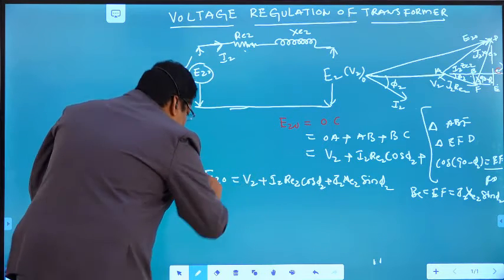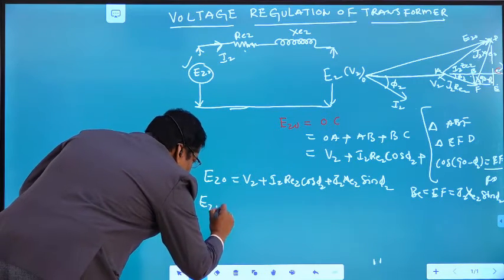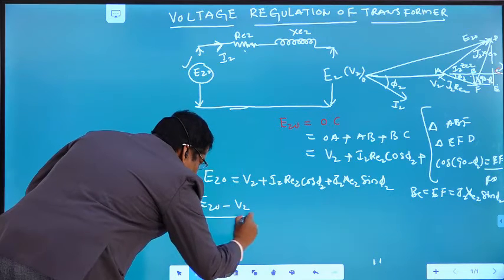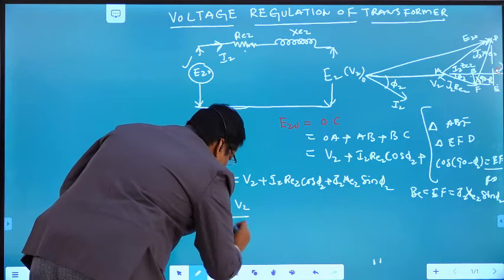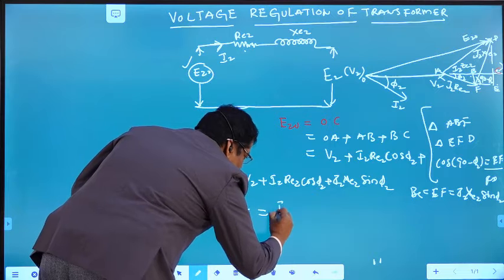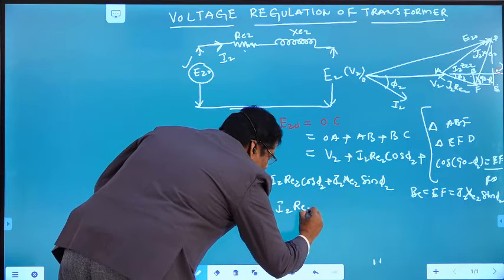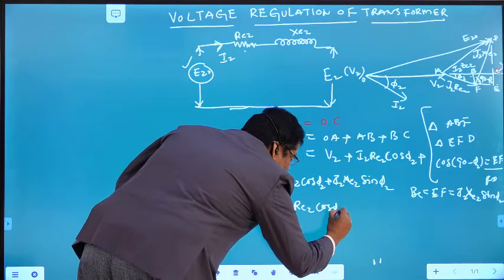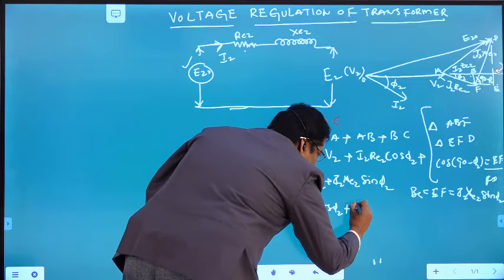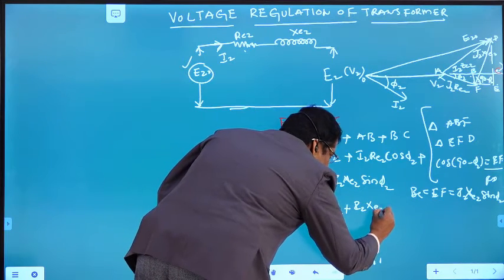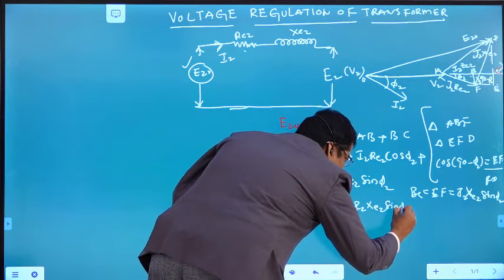Now take V2 to this side: E2 naught minus V2 equals I2 RE2 cos phi2 plus I2 XE2 sin phi2.